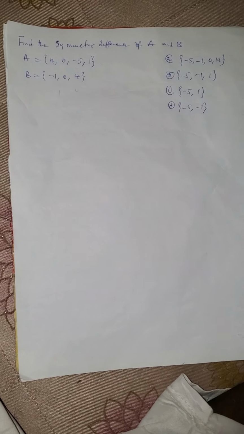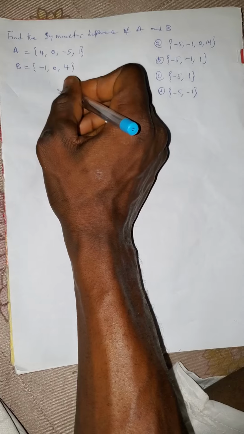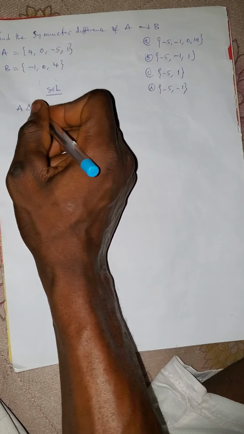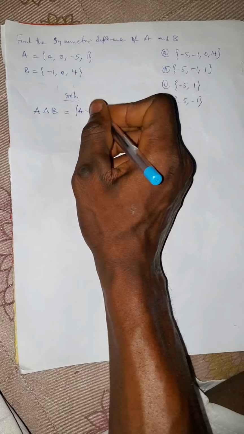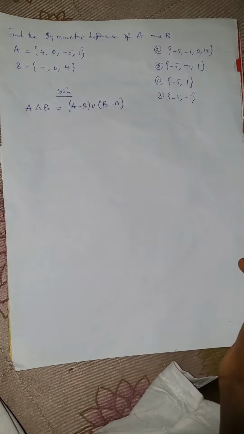Since the question says symmetric difference, all you just need to do is this. Don't forget that the symmetric difference of A and B is this sign. So what's this sign all about? It means A minus B, then union B minus A. That's it. But I told you that there's a shortcut to this. The shortcut is to just cancel what they have in common.